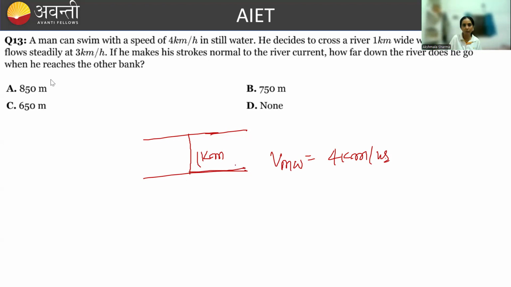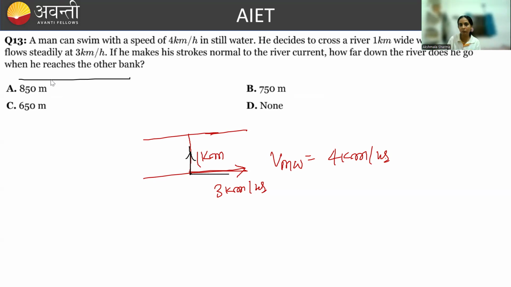Suppose the water current is flowing in this direction, 3 kilometers per hour. Now, if he makes his stroke normal to the river current, so he starts moving in a perpendicular direction to the river current, how far down the river does he go when he reaches the other bank? Imagine you're crossing a river which has a certain velocity.